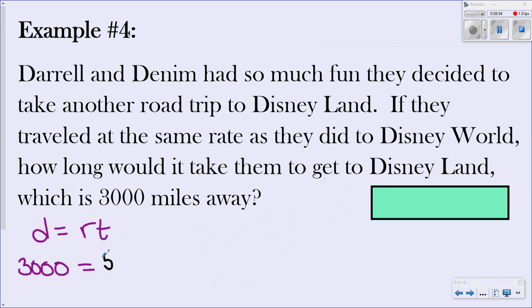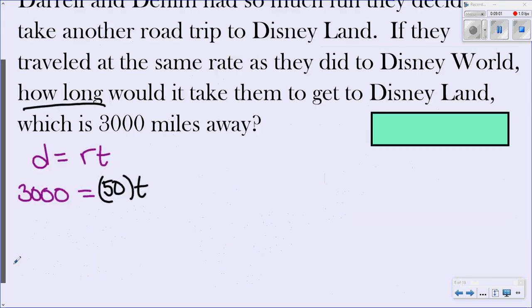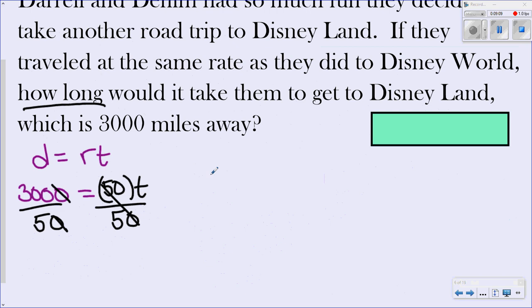And then they want to know how long. That's time, how long. So now we need to find just the time. That's it. So this will cancel out, and your t is 60.